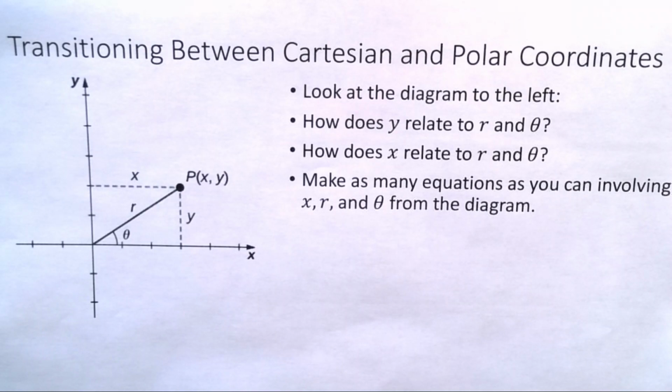So at this point, I invite you to pause the video and brainstorm any equations you can come up with based on the diagram on the left of this slide and see how many equations you can come up with.